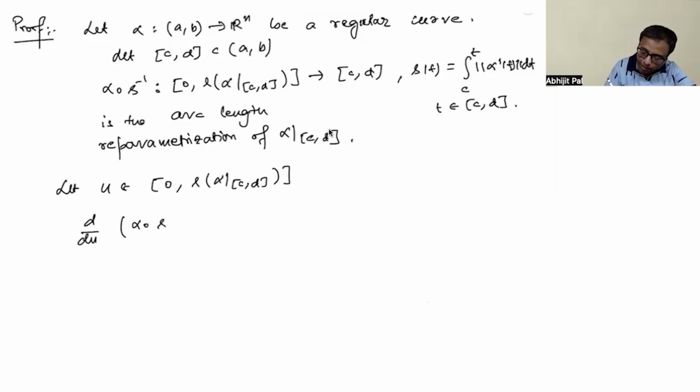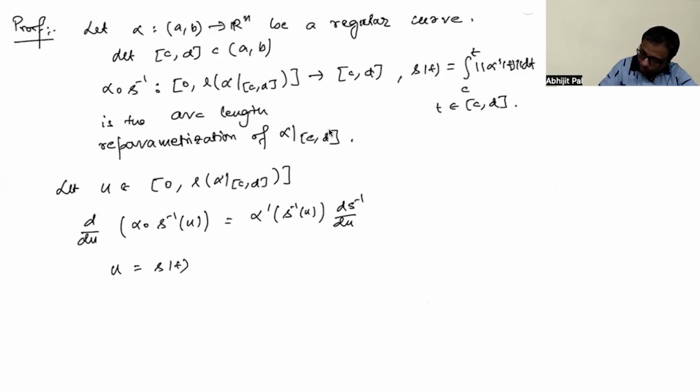So u will be equal to S of t for some t belonging to CD. And also note that ds dt is equal to the norm of alpha prime t.